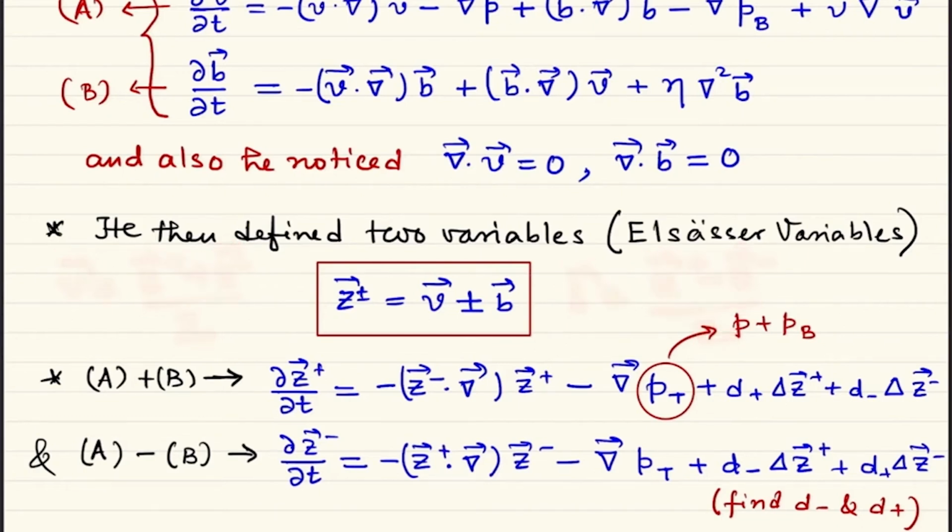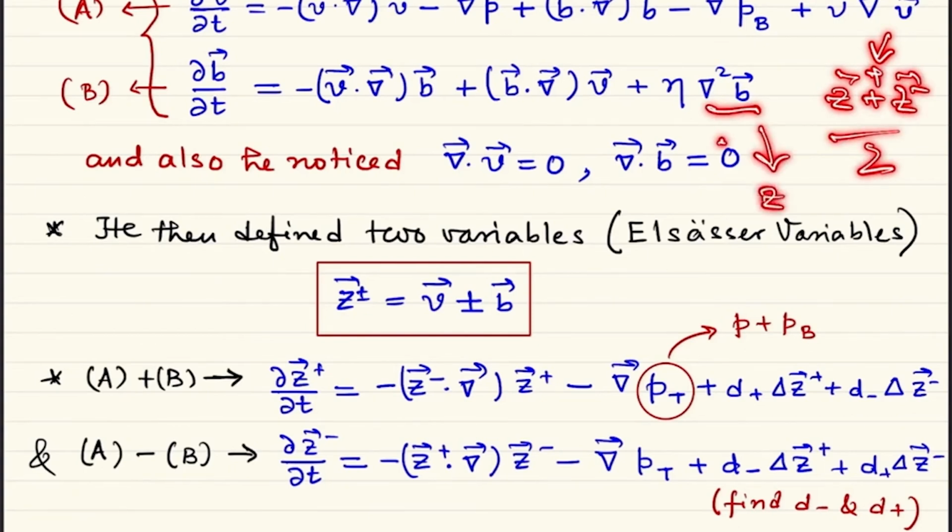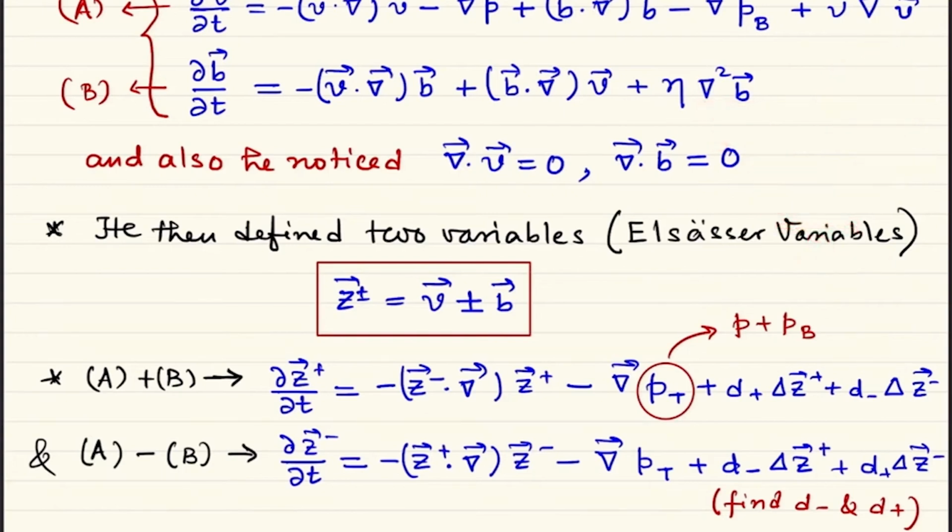So if you simply write V and b like this, then you are done. Then you can find d plus and d minus in terms of eta and nu. This is simply a two-step calculation, so I rather ask you to do it.